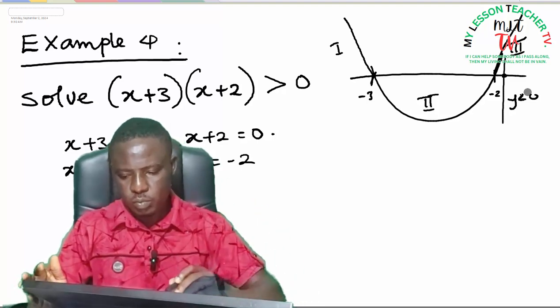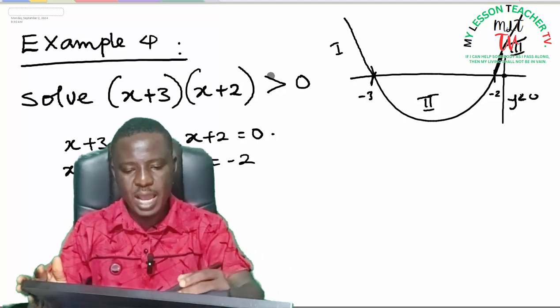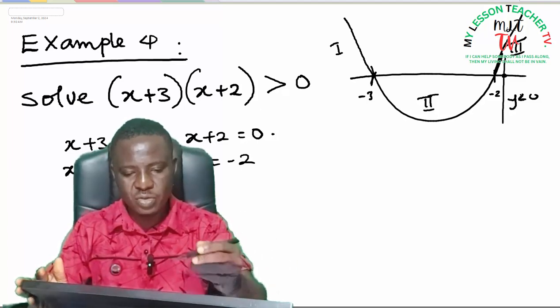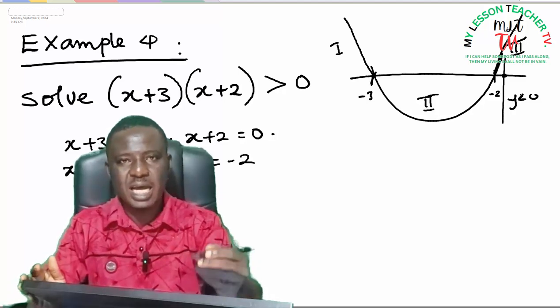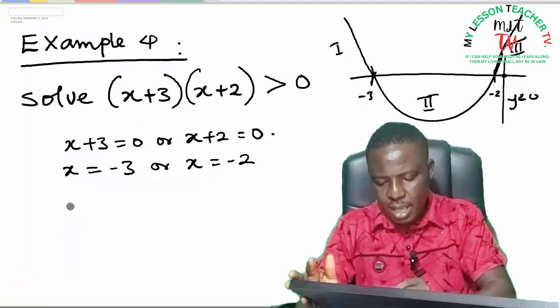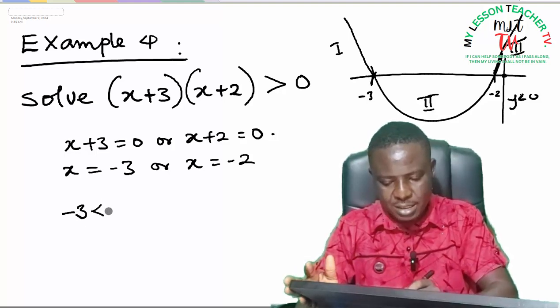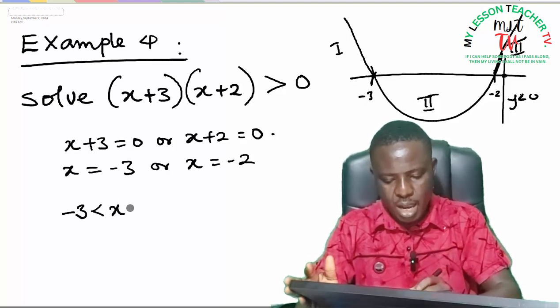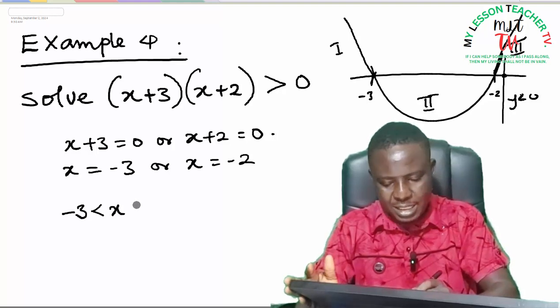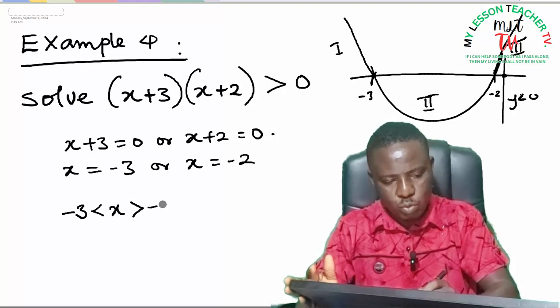So we are asked to solve this, meaning find the region where the parabola is greater than 0, and we said it is at region 1 and region 3. So the solution now becomes x is less than minus 3, and x is greater than minus 2.